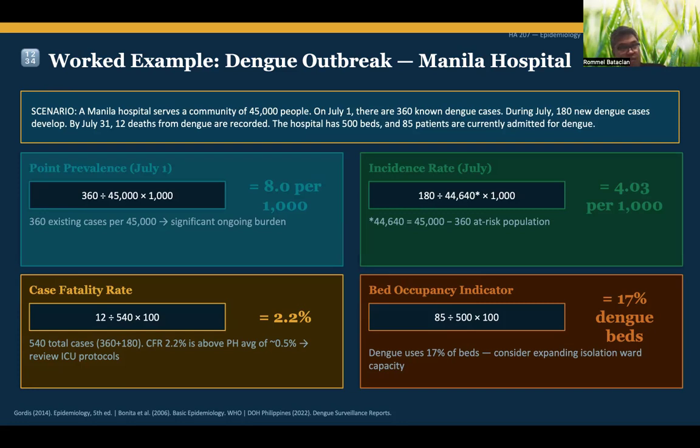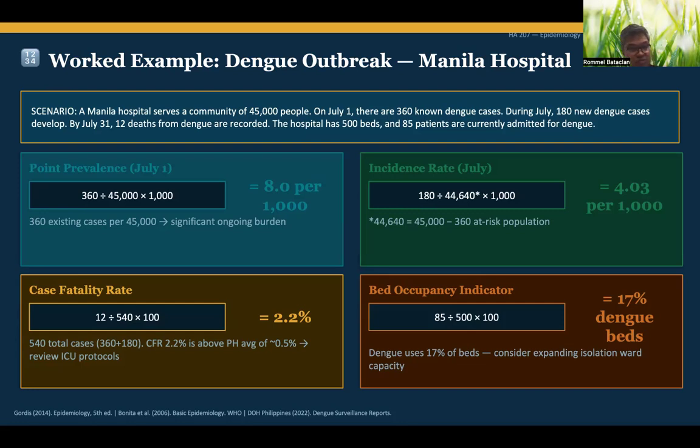The average case fatality rate for dengue is 0.5% only. So you can see here that the CFR, the case fatality rate of the hospital, is 4 times the national average, and this could raise a serious red flag. It warrants immediate review, for example, of ICU protocols, fluid management practices, and triage procedures.